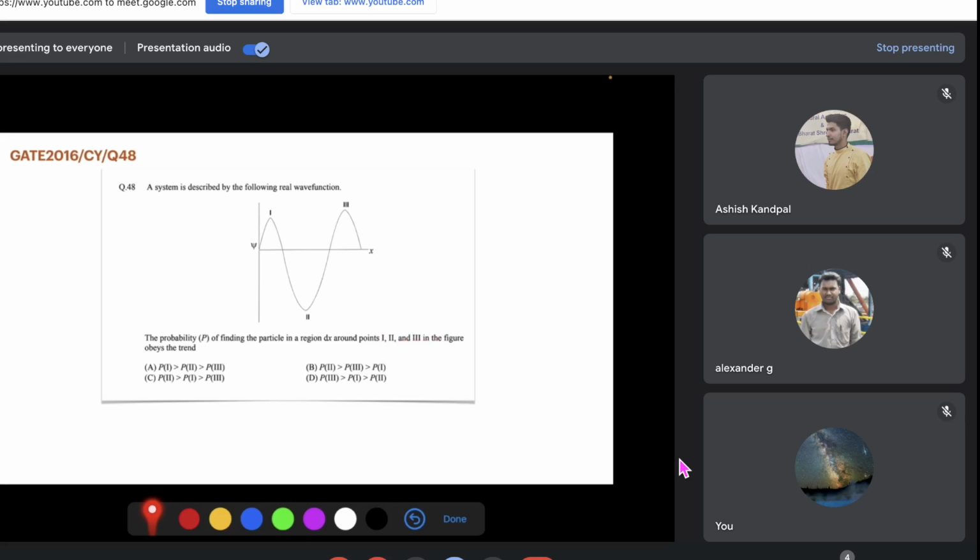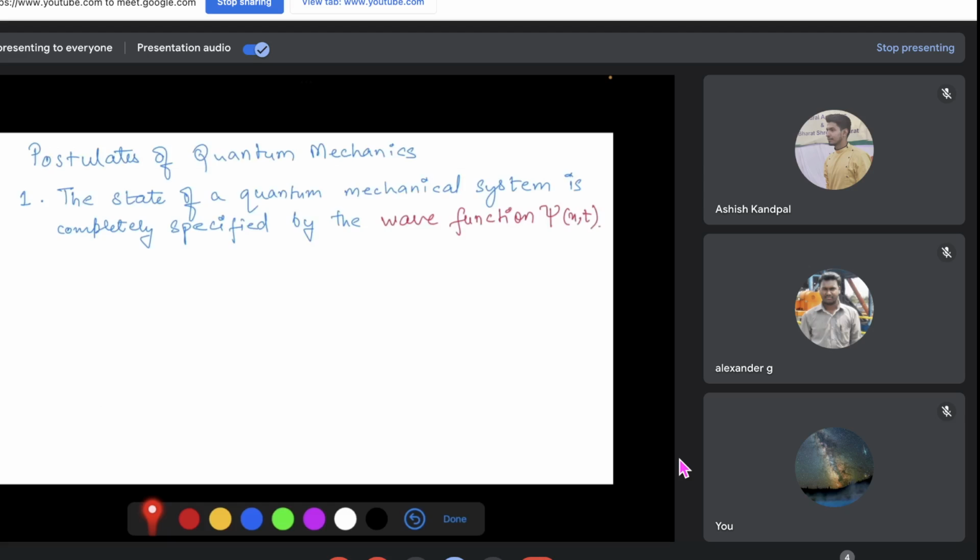So we need to find the trend of the probability, which one has the highest and which the lowest probability of finding the particle in that particular region. Before getting into the solution, let's head into the basics of the question.